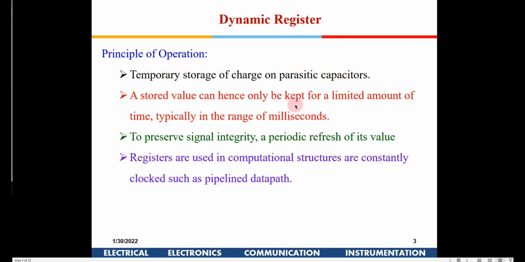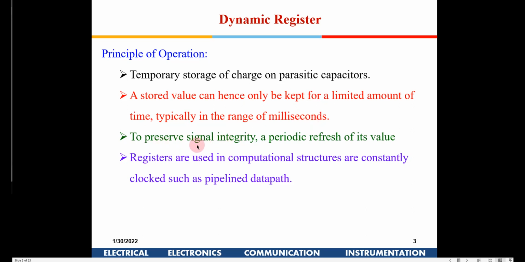The storage can be kept for a limited amount of time, typically in the range of milliseconds. Milliseconds appears to be very small, but for today's processors which operate in gigahertz, milliseconds is a pretty long duration. Milliseconds corresponds to a few kilohertz, right? So even if it is holding for a few milliseconds, it is pretty useful for us.